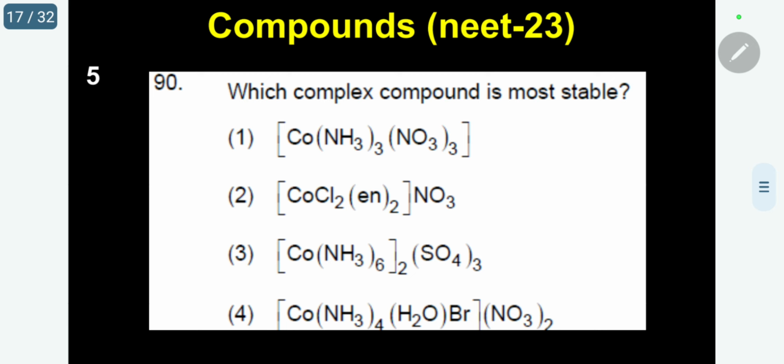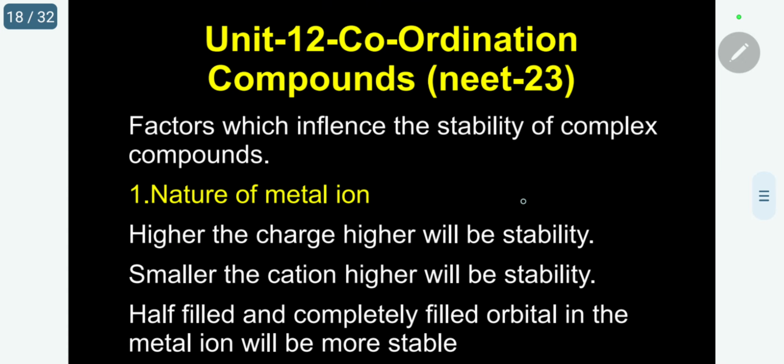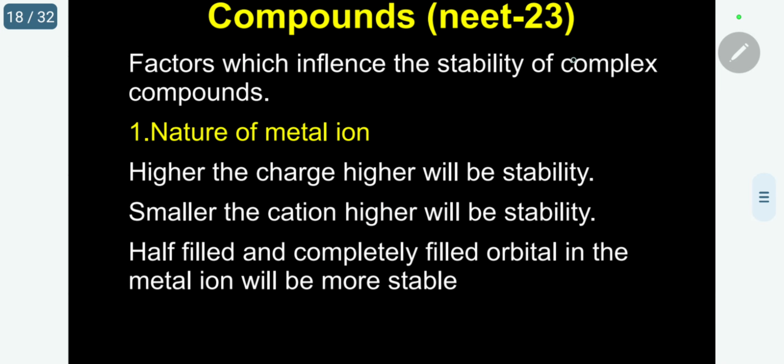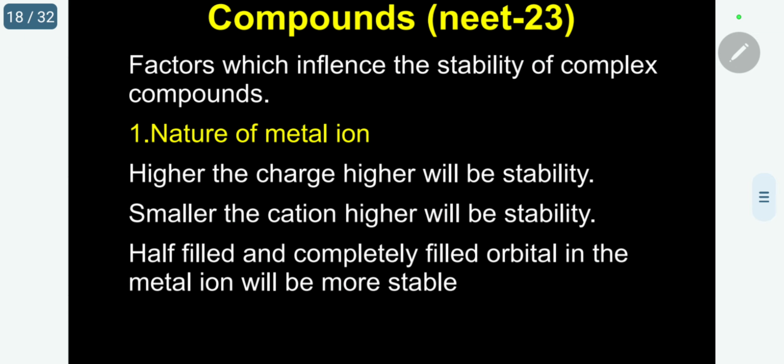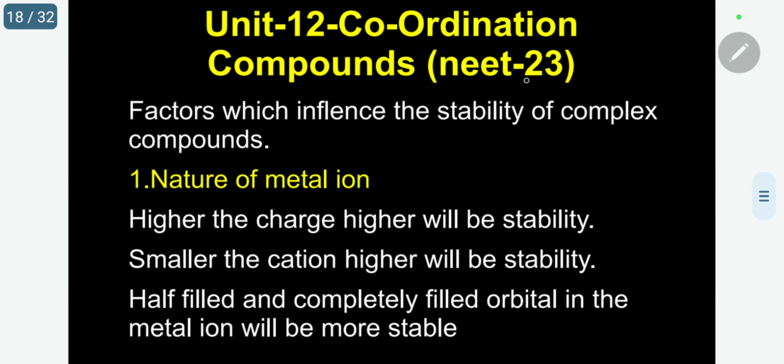Kindly follow. So in that case, option 2 has ethylene diamine two times, so it will probably be more stable. Here I want to give some explanation. The explanation is the factors which influence the stability of the complex. Number 1, nature of the metal. Higher the charge, higher the stability.